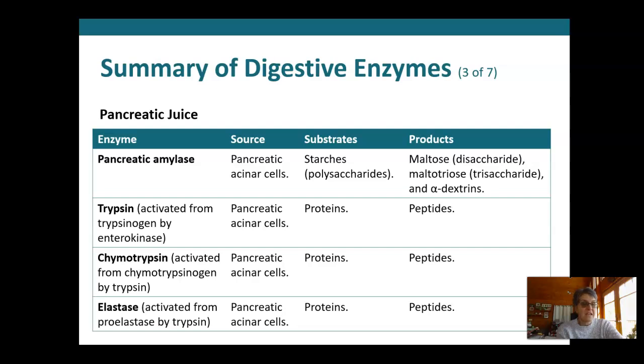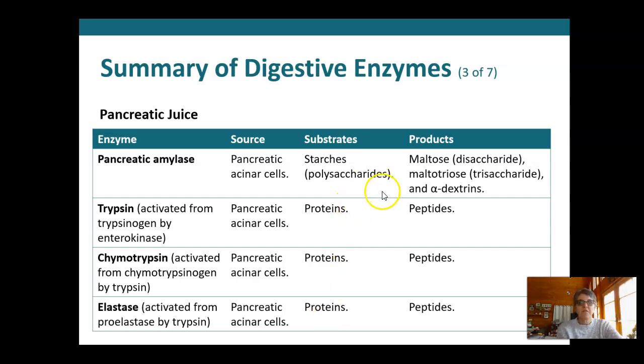Pancreas makes enzymes for all foodstuffs, right? Remember, the pancreas is an endocrine organ because it releases hormones, insulin and glucagon, into the blood to manage blood glucose levels, and it's an exocrine gland because it releases every single type of digestive enzyme into the pancreatic duct, into the duodenum.